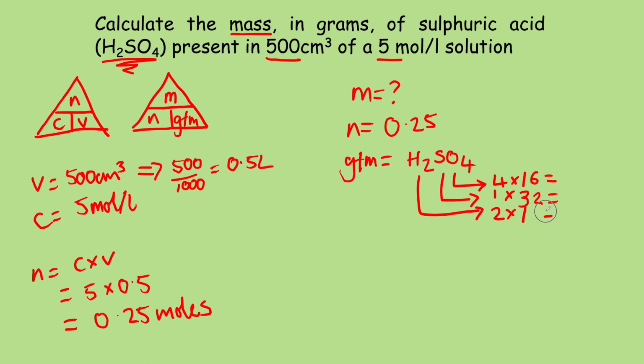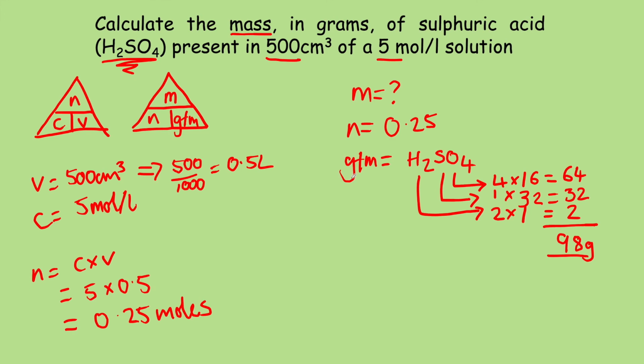So if we do our 4 times our 16, that will give us 64. If we do 1 times 32, that should give us 32. And 2 times 1 is 2, which is why I wrote 2 earlier. Now if we add all of them together, it gives us 98 grams.